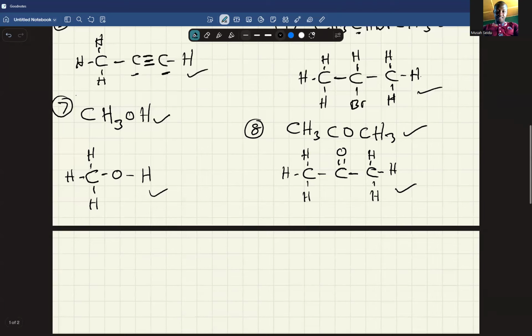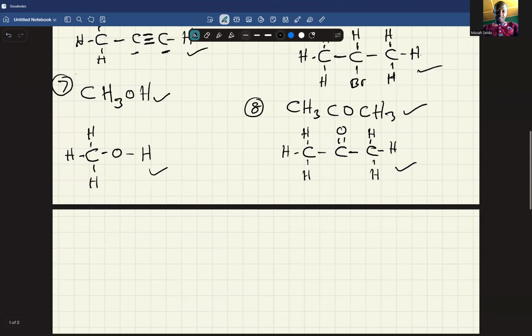Now, the next one, which is CH3COOH. If you remember this when we were doing acid and base, that is ethanoic acid.